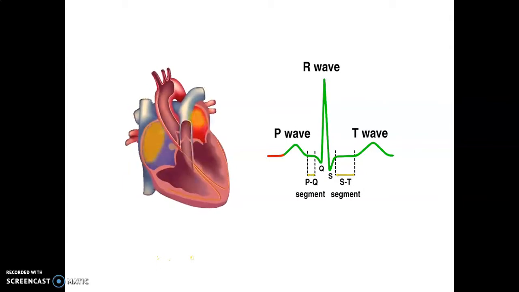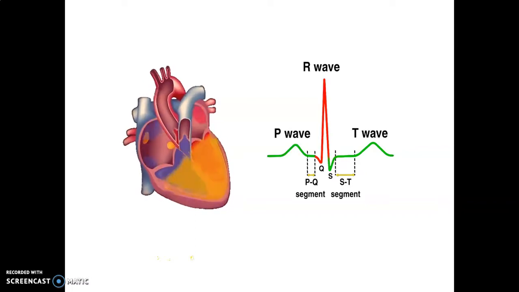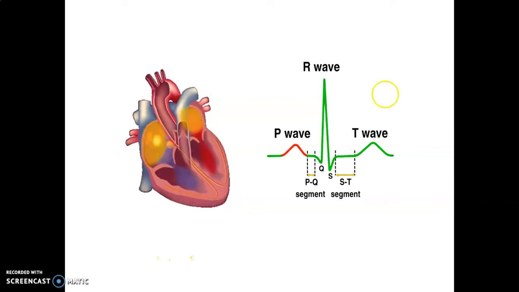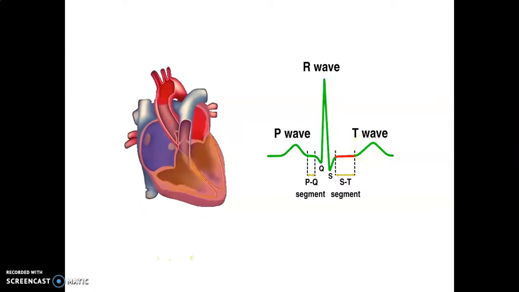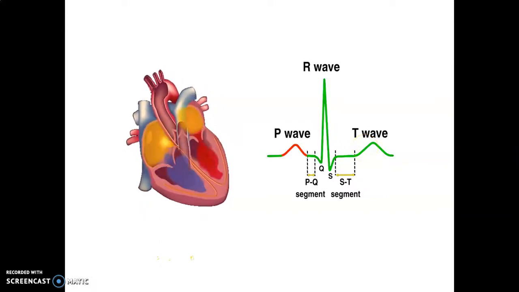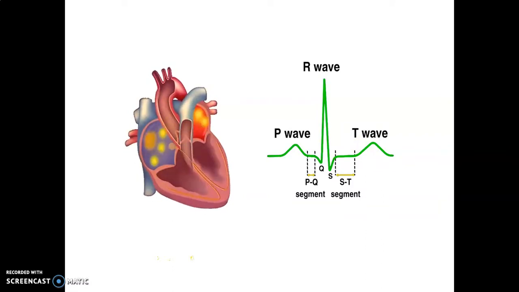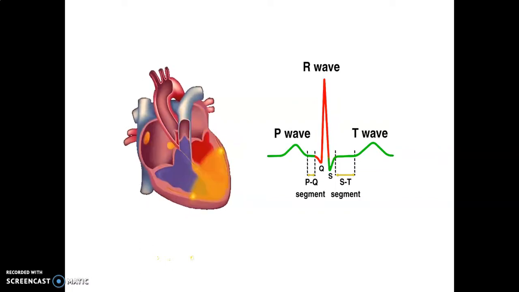This contraction starts shortly after Q and marks the beginning of systole. Then the last one is the T wave. It represents the return of the ventricles from the excited to the normal state. The end of the T wave marks the end of systole. So that's about the ECG.